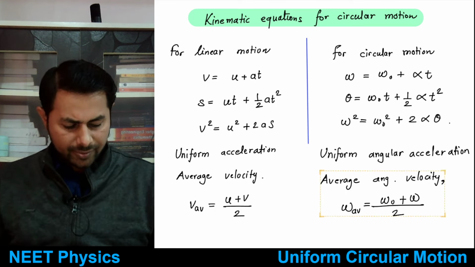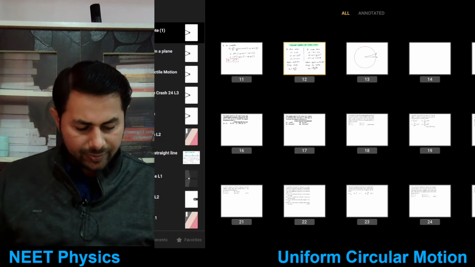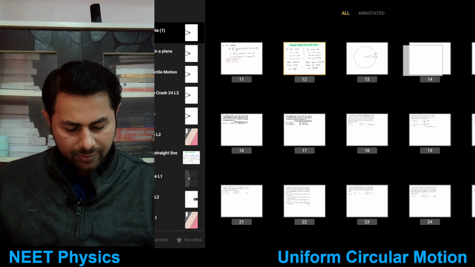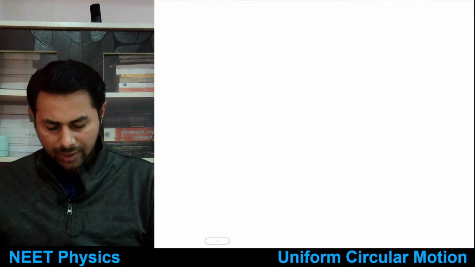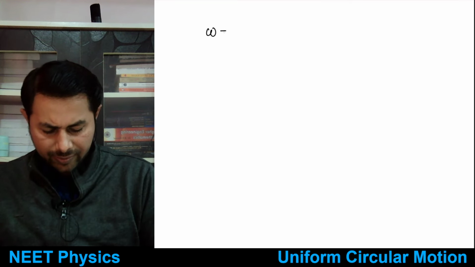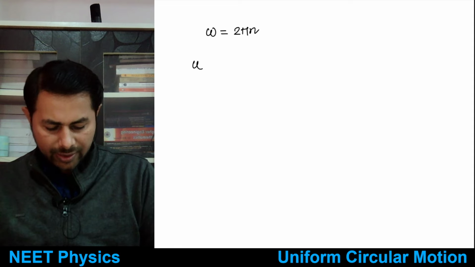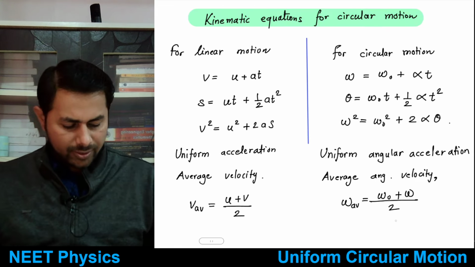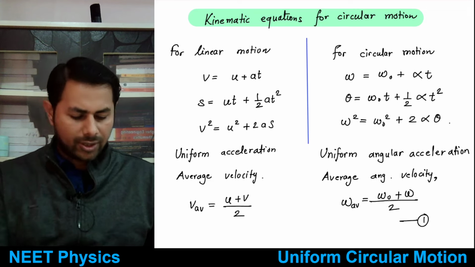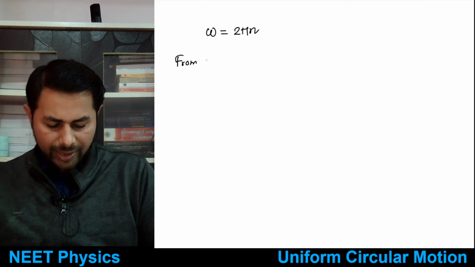And then see, omega can be written as 2 pi n. So let's call this 1. From 1 I can say what is omega average.